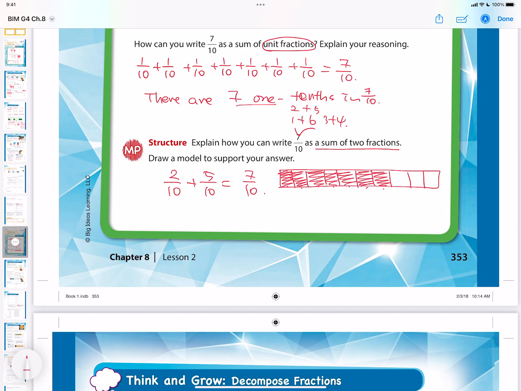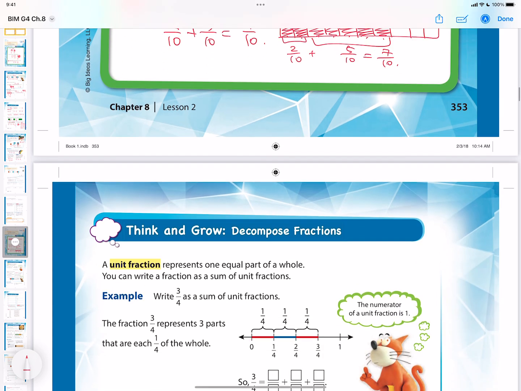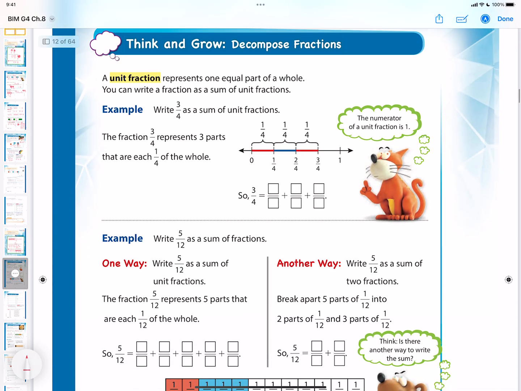So it's going to be 2 over 10 plus 5 over 10 is equal to 7 over 10. That's my model, okay? A unit fraction represents one equal part of a whole. That means one piece is shaded out of different numbers, okay? You can write a fraction as a sum of unit fractions.